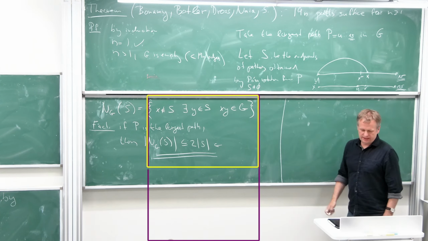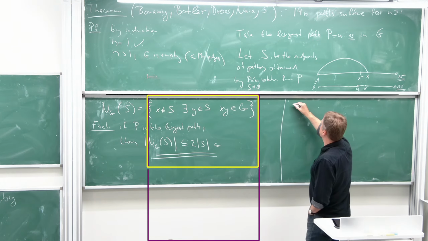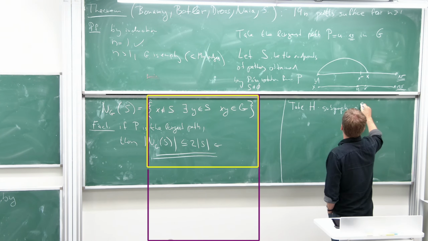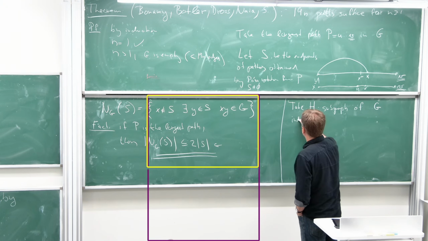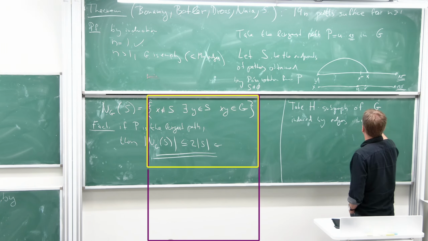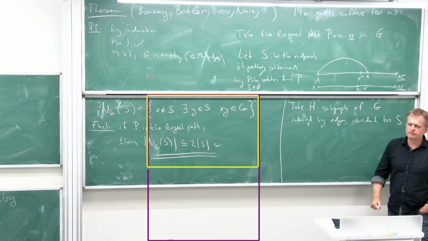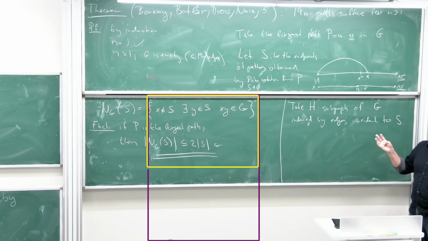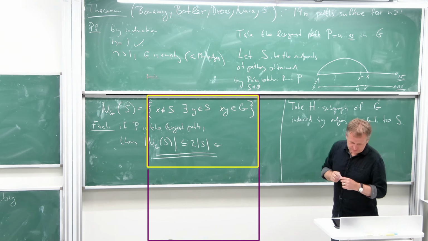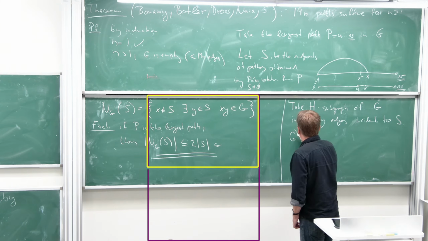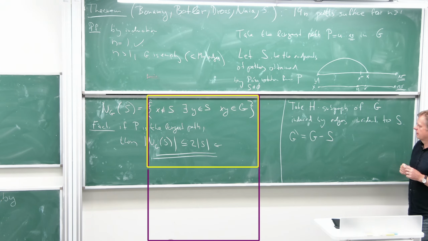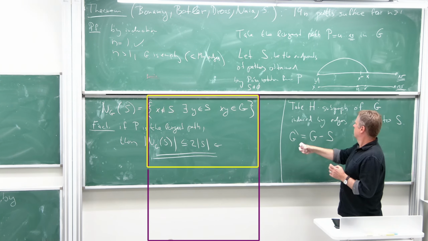All right. So now we have our set S. What are we going to do? We take H to be a subgraph of my original graph G induced by edges incident to S. So I take all edges which have at least one endpoint in S, and I put all of them into H. Then we remove S from the graph G, so I split my G into H and G prime.